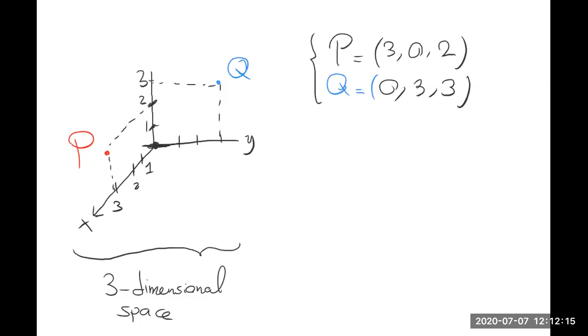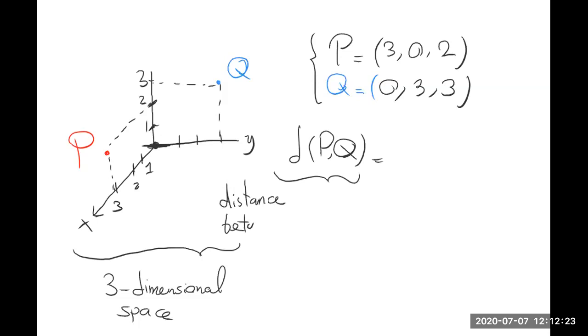So the distance between P and Q, I would show it with D of P and Q. It means the distance between P and Q. I should compute it the same way as I did for a 2-dimensional case. I should subtract the first coordinates and square it.